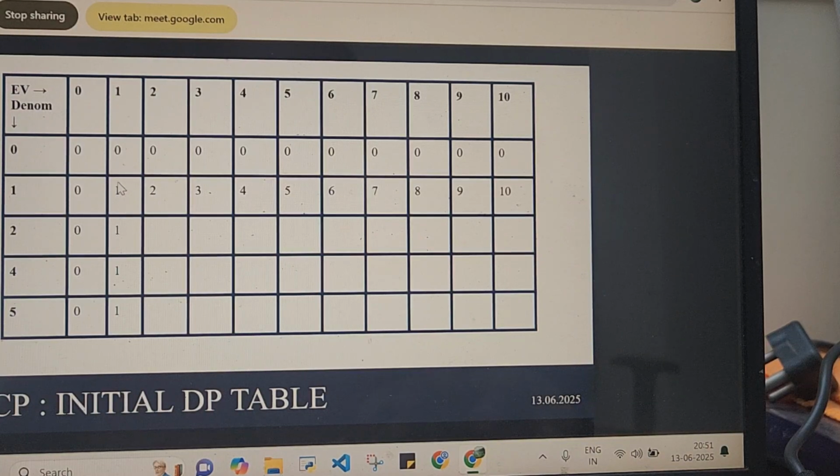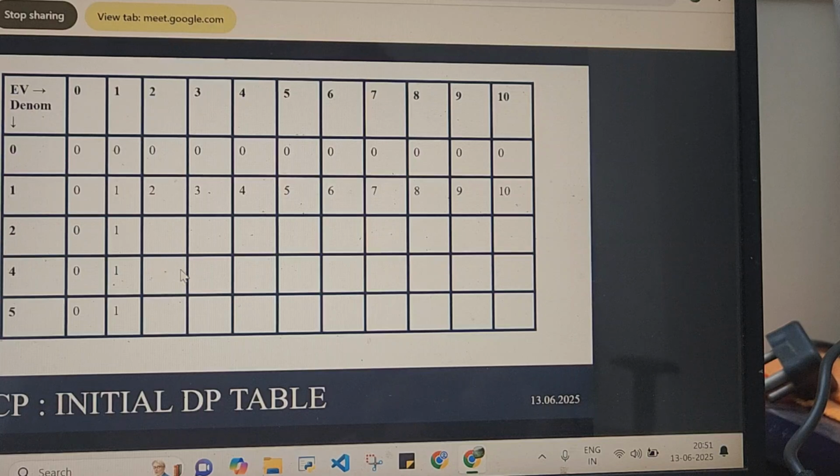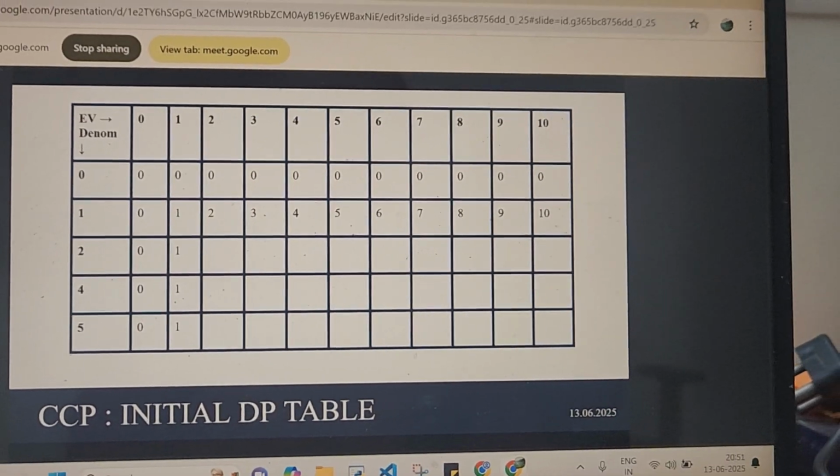So what I'll do is I'll just look at the value in the previous cell and I'll put it back here. Similarly, if I come to say dp of 4 of 3, I need to pay 3 rupees. I am allowed to use 1, 2 and 4 rupee coins. Now I will obviously not use a 4 rupee coin when I only have to pay rupees 3.